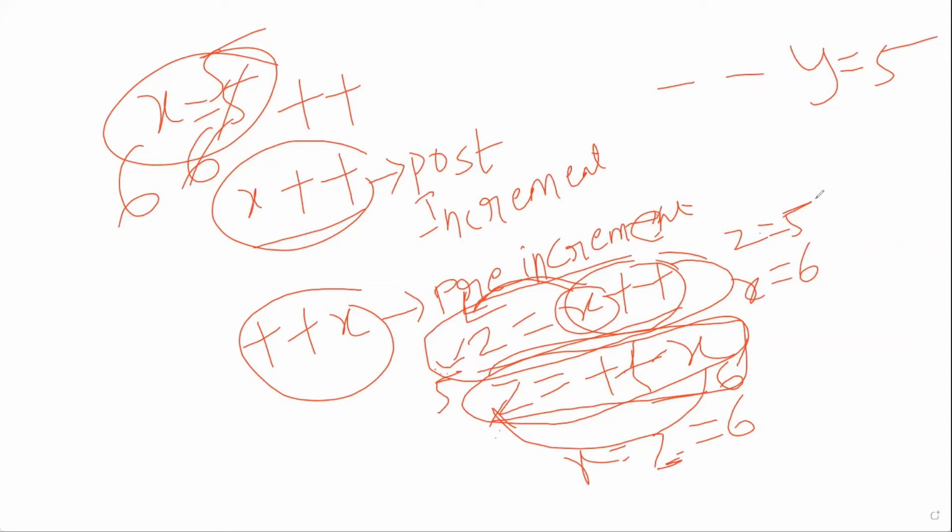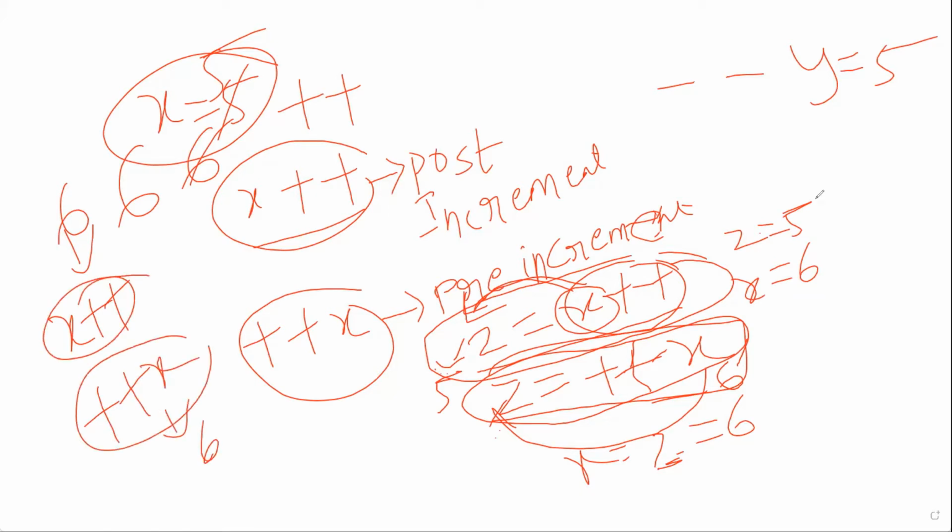So this is the difference between pre-increment and post-increment. But if you are using pre-increment or post-increment outside of an expression, meaning if I simply say x plus plus, x will be 6, after 5. Plus plus x also will be 6 only. There is no difference between these two. But if you apply these in an expression, then you can find the difference.